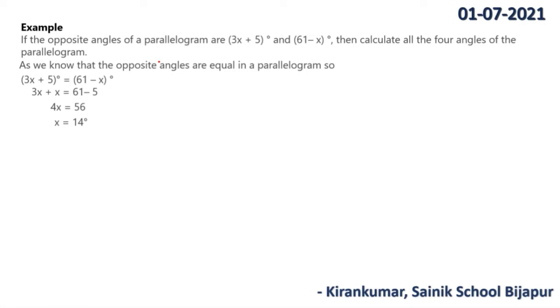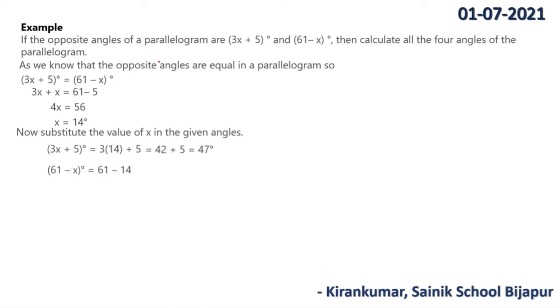Now substitute the value of x in the given angles. 3x plus 5 degrees is equal to 3 times 14 plus 5, which is 47 degrees. 61 minus x degrees is 61 minus 14, which is 47 degrees. Both the angles are 47 degrees as the opposite angles are equal.